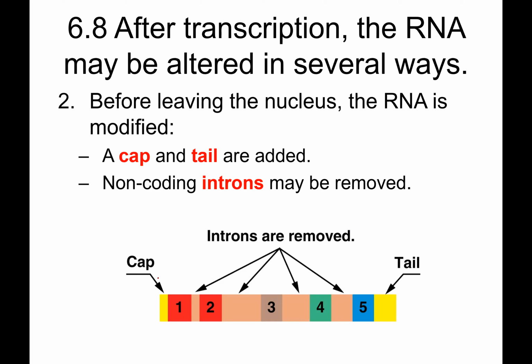And then you have non-coding sequences called introns that can be removed. Sections of the DNA that are non-coding, the introns, are removed. The sections that stay, the numbered sections, are the ones that stay. Those are called exons.